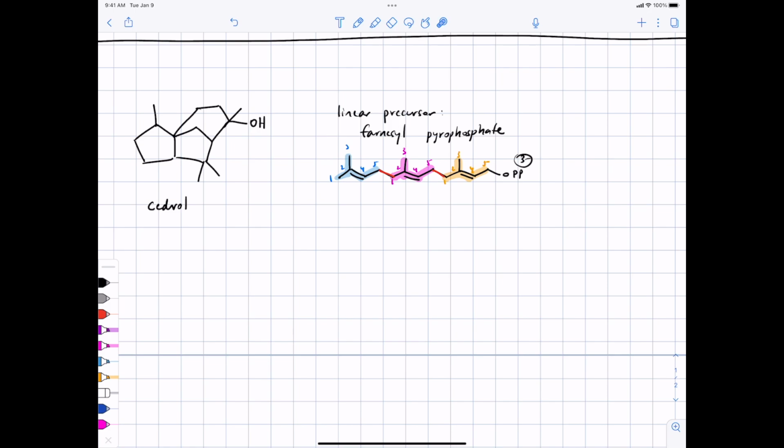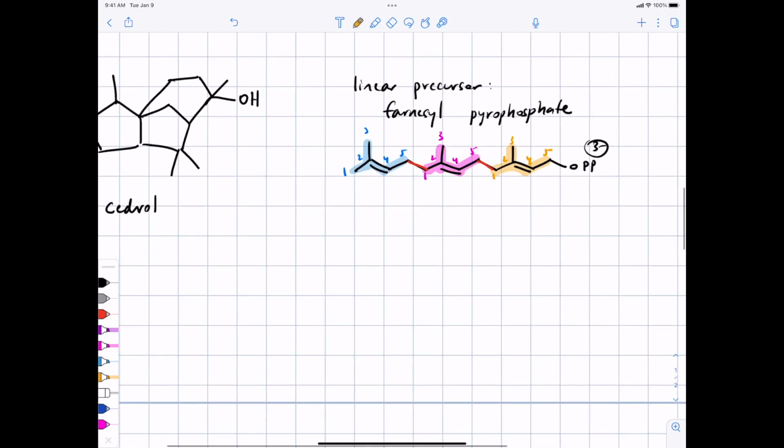And I'll give you a hint. Start with the dimethyl tail, the fish tail.